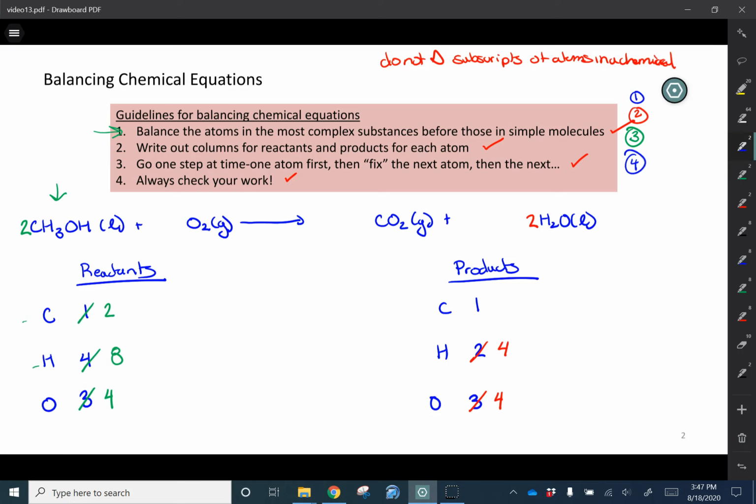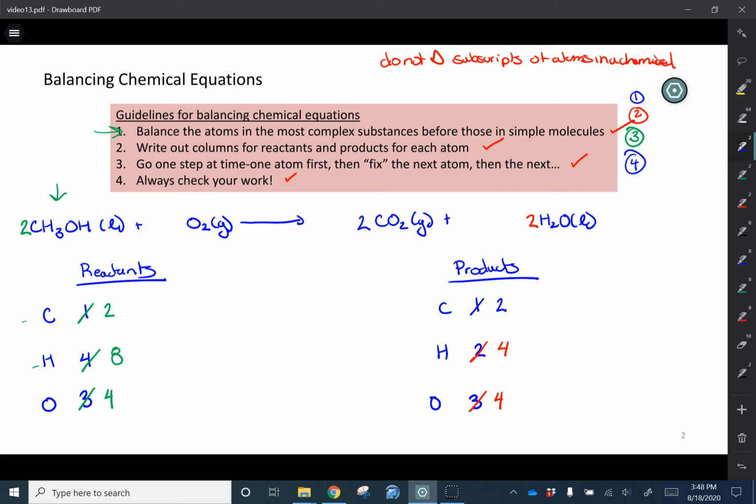Step 4 is going to be saying, well, we're going to need more CO2. So we'll now have 2 carbons. We're going to not change our hydrogens, and we're going to increase our oxygens. But I know that we're going to need to double our hydrogens.